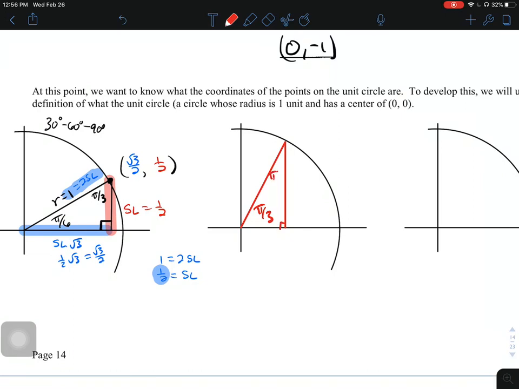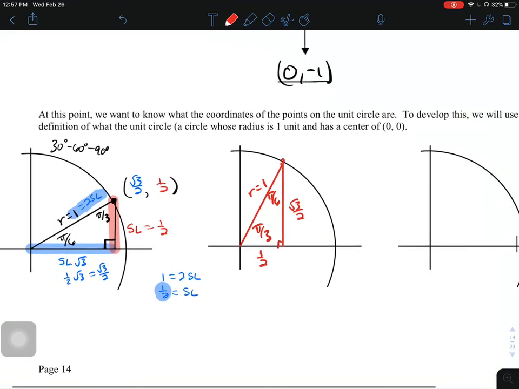That makes this pi over 6. The radius is 1. The short leg is half of that. The long leg is the short leg times the square root of 3, so that's square root of 3 over 2. That makes this ordered pair 1/2, square root of 3 over 2.